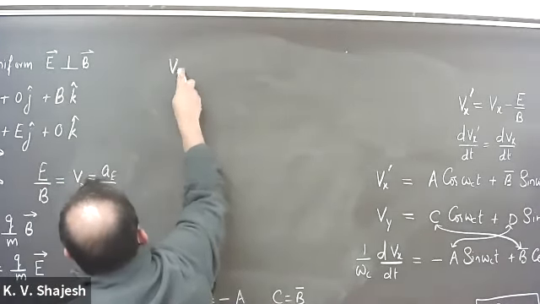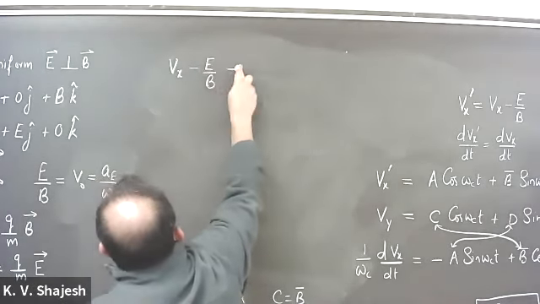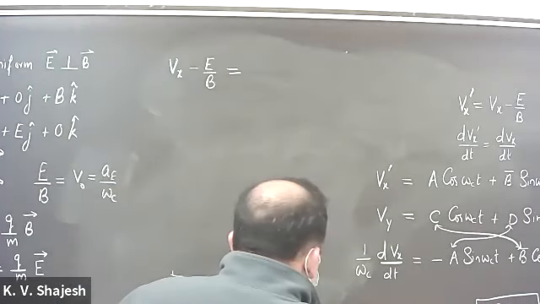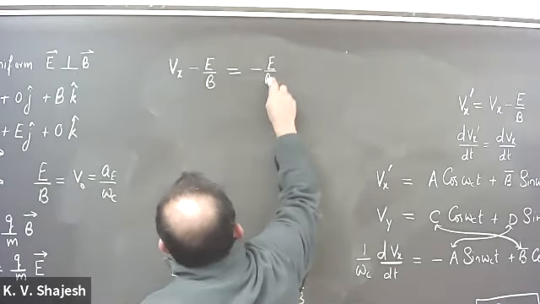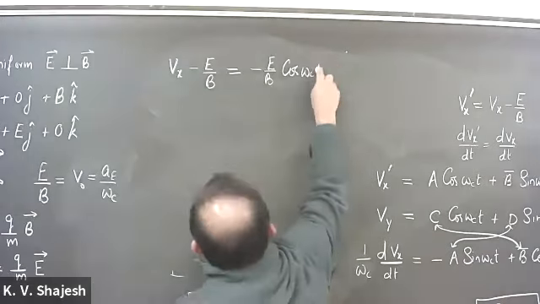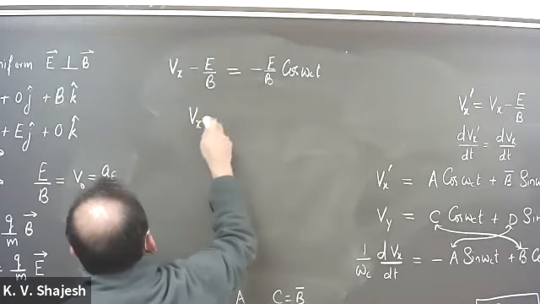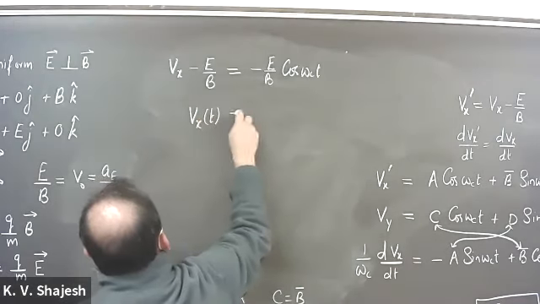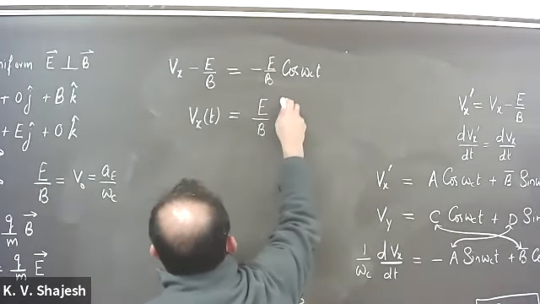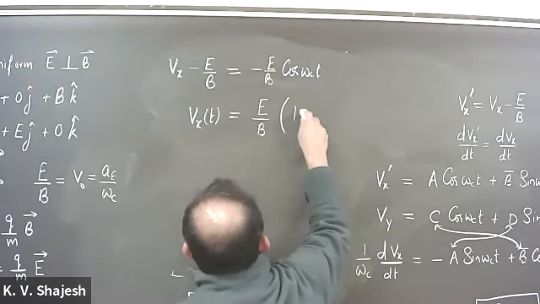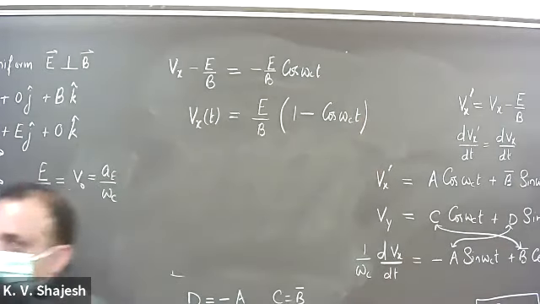So Vx minus E over B is equal to A is surviving, so that's minus E over B cosine omega c t, which means let me write it as Vx as a function of time is equal to, take it on the right hand side, that's E over B, which is a velocity. Remember, it's not the initial velocity. Initial velocity, remember, is 0. Negative cosine omega c t.